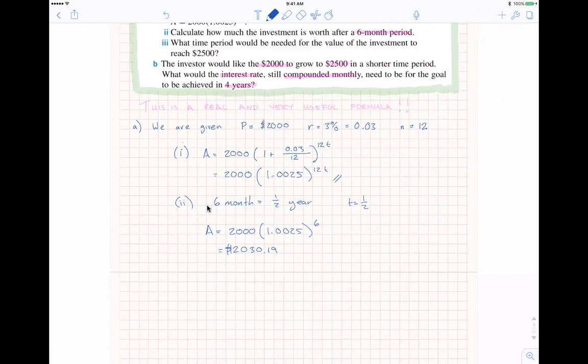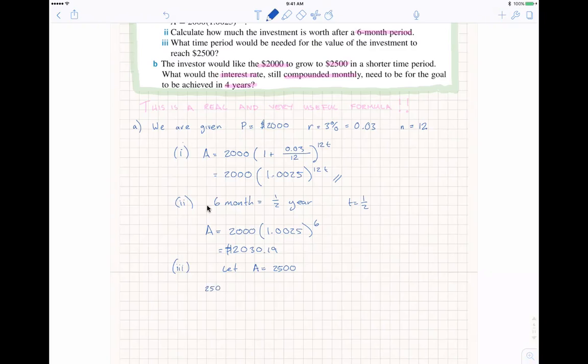The third part of the question: what time period would be needed for the value of the investment to reach 2,500? So this time we let A equal 2,500 and we find t.